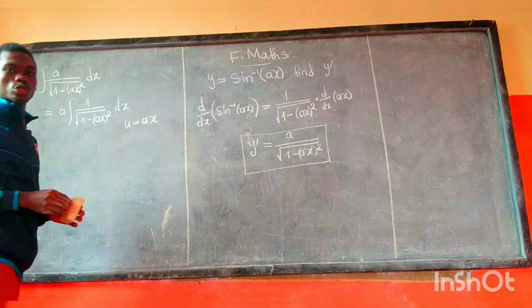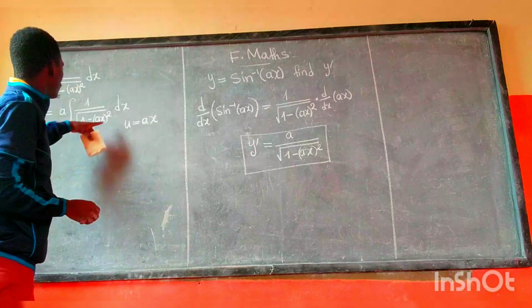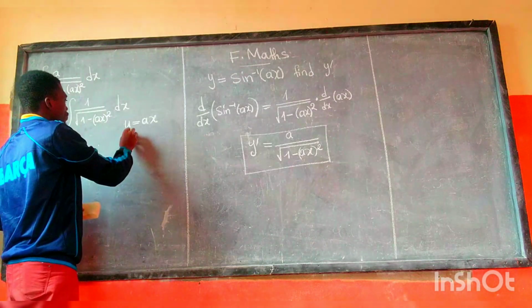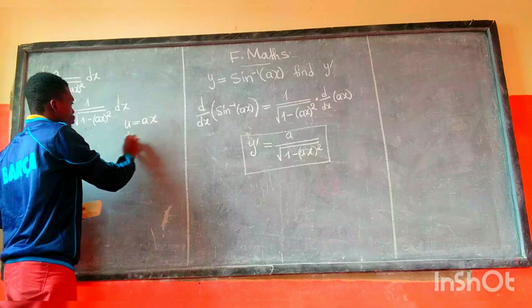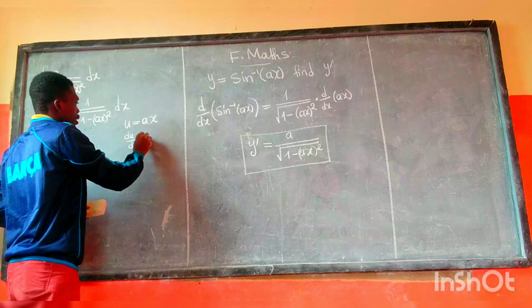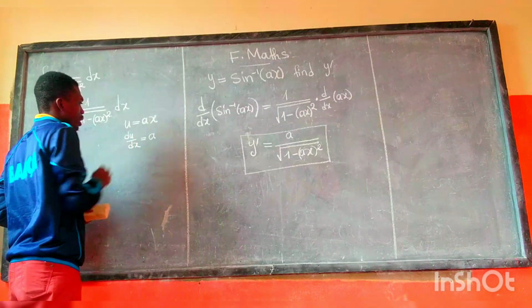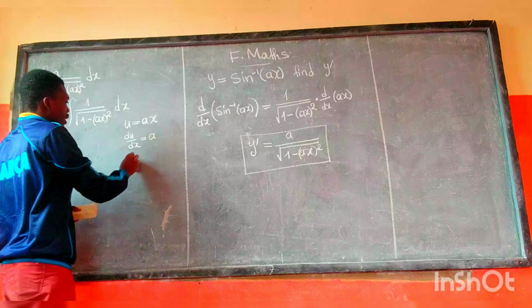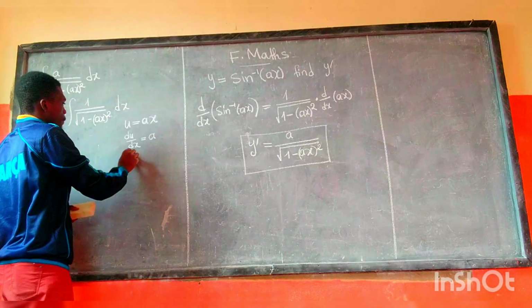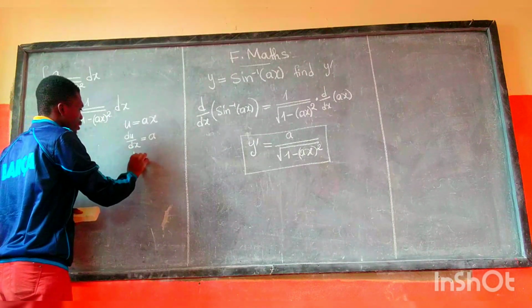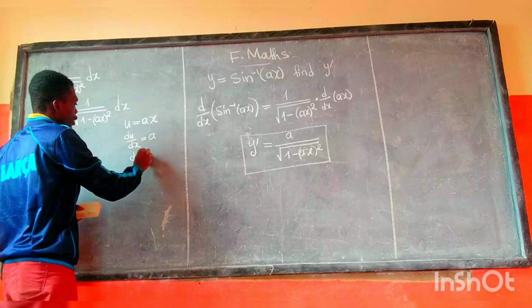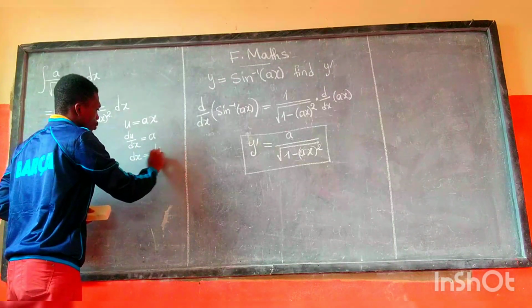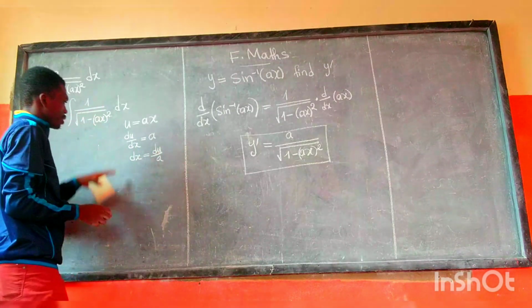So if I let u be equal to ax, I will have that du dx will be equal to a. And then to continue, dx will be equal to du over a from here.